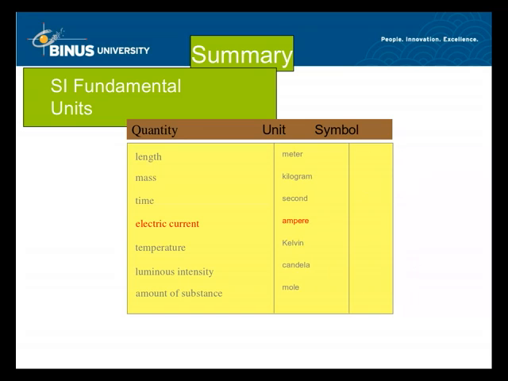Here are the unit types of each of these quantities. For electrical current, we use a unit called ampere. It's abbreviated by a capital A.